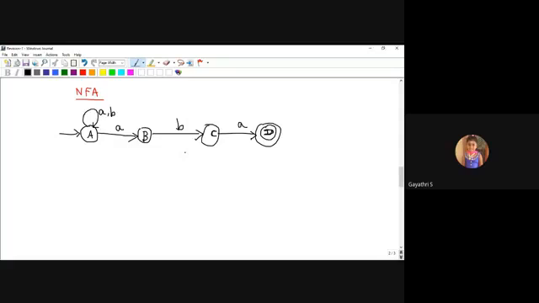I'm going to convert this NFA into a DFA based on the subset construction method. For that, you first need the transition table for the NFA, which is the mandatory part of the subset construction algorithm. So in the next step, I will write the transition table for the NFA.